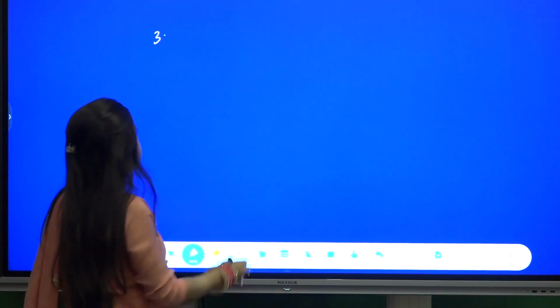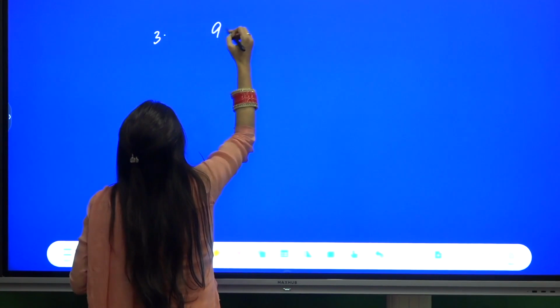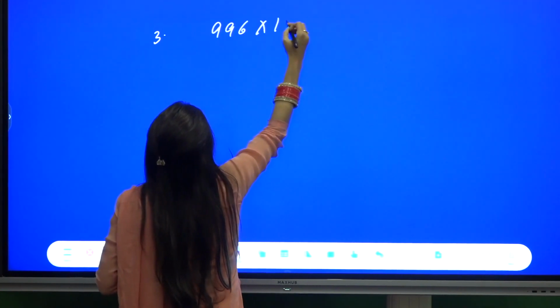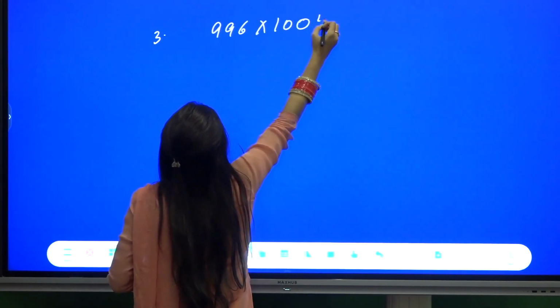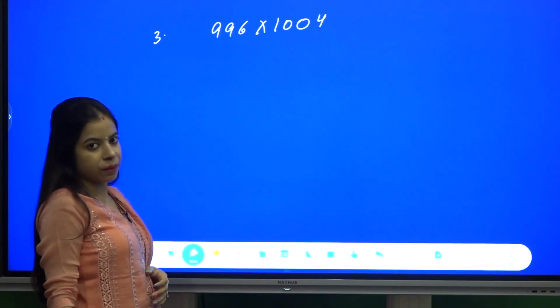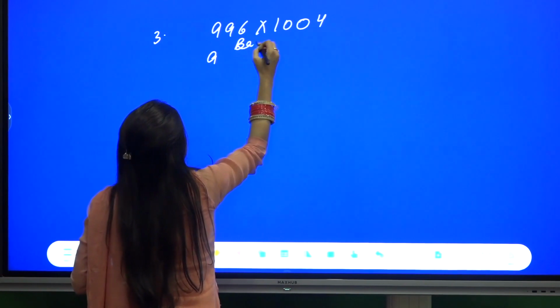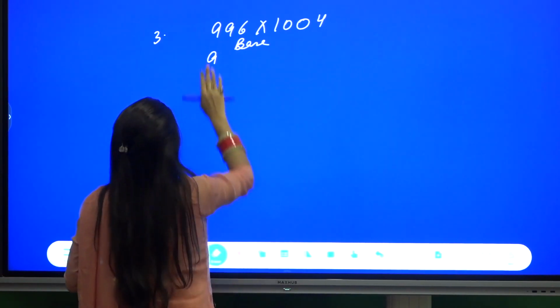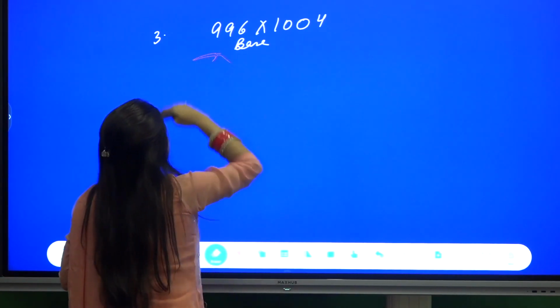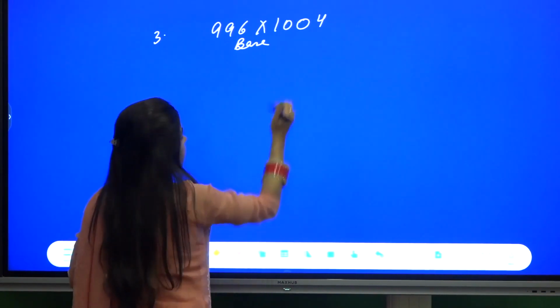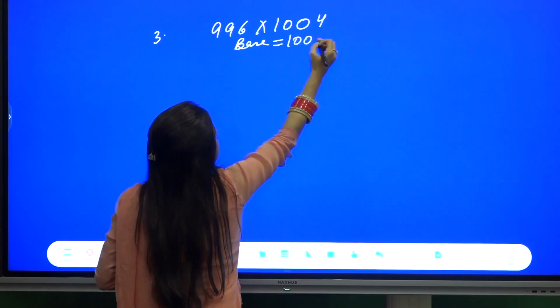Let us consider now the problem with base 1000. Let us take the numbers, say 996 into 1004. Here the base is 1000.